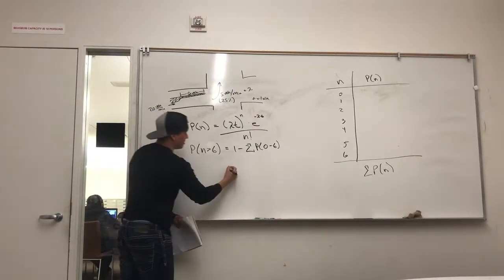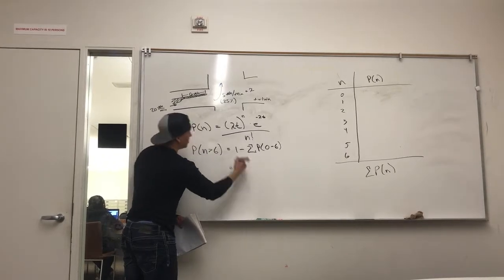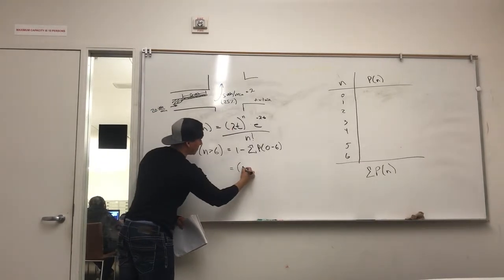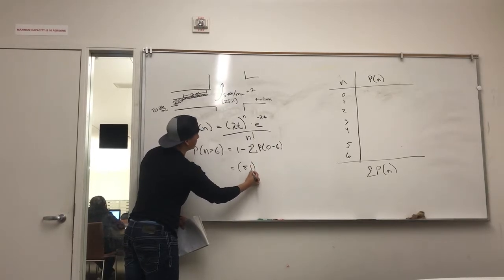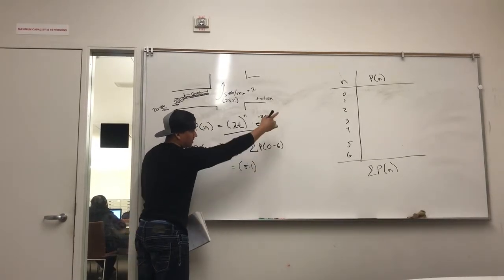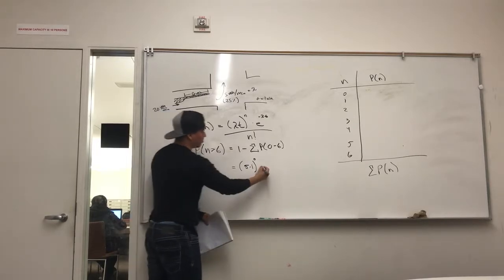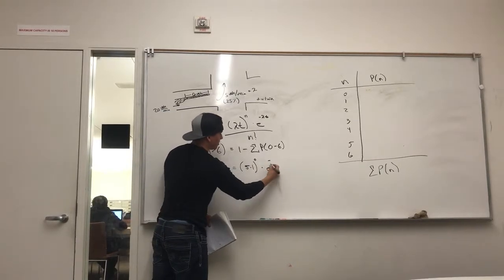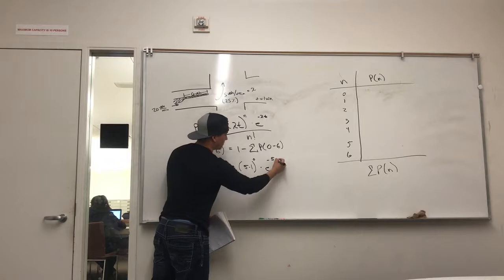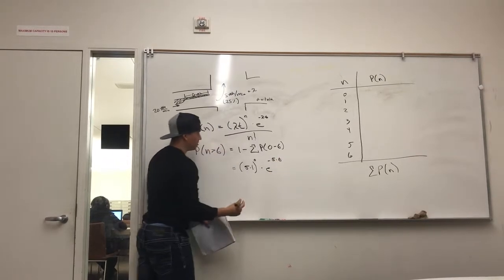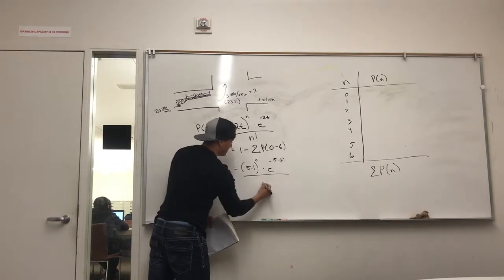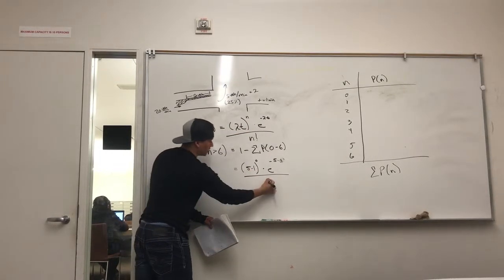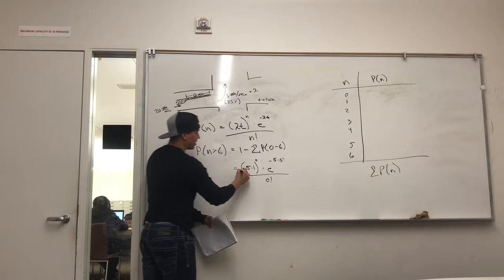So for the first one, you'll get lambda, which equals 5, t for time, which is 1 minute, and your n to the 0 multiplied by e to the negative lambda, which is 5 times t, 1 minute, divided by n, which is 0, factorial.